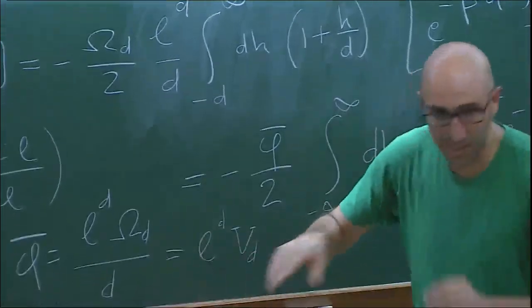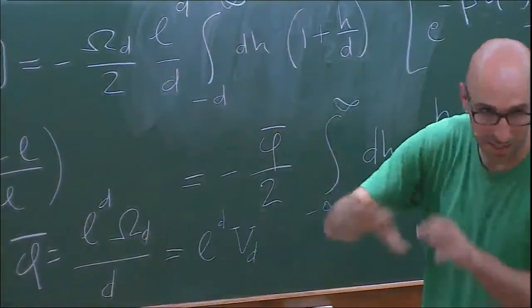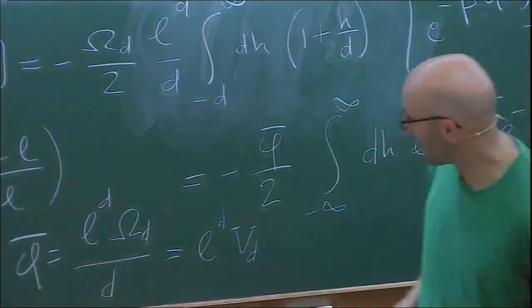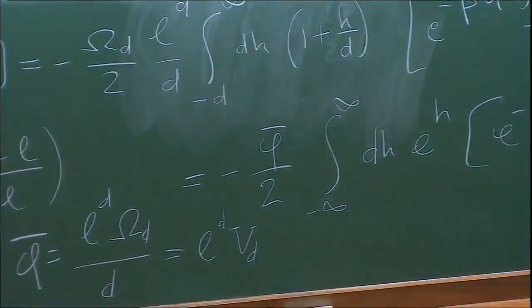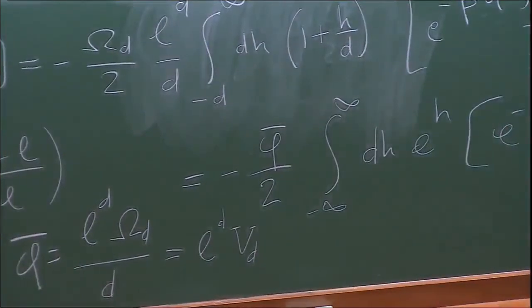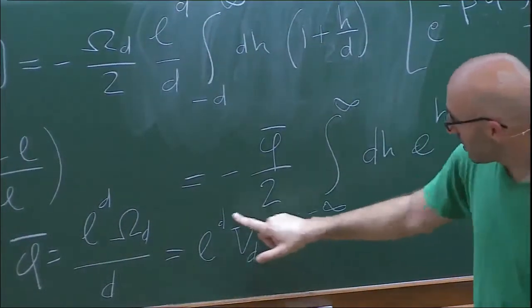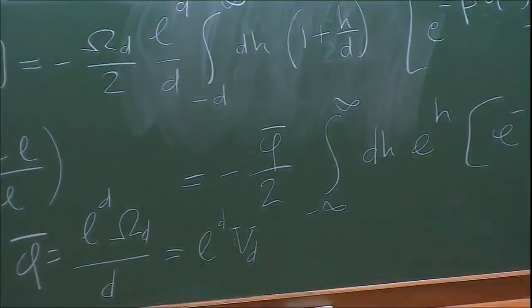Omega d is the surface of a sphere of unit radius, the solid angle. Omega d divided by d is the volume of the sphere of unit radius. So if I multiply by L to the d, this is the volume of a sphere of radius L.